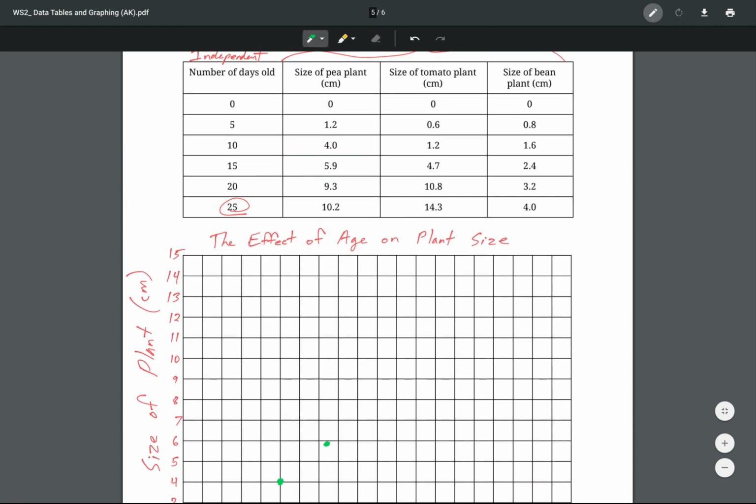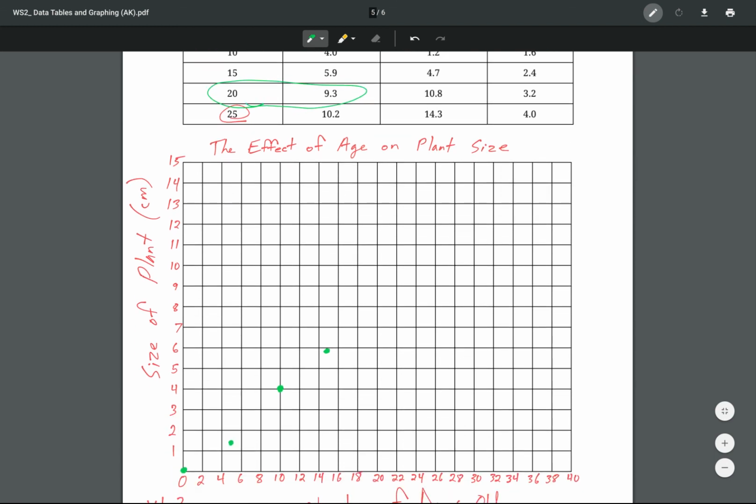Two more data points at 20 days and 9.3 centimeters. So 20 days will be on a line, and then 9.3 should be above 9, but not quite halfway between 9 and 10. So this is getting a little bit far away. I'm going to draw a dotted line until I get to 20 days, and then I'll make my data point right there.